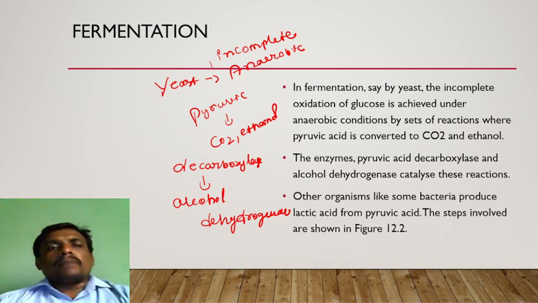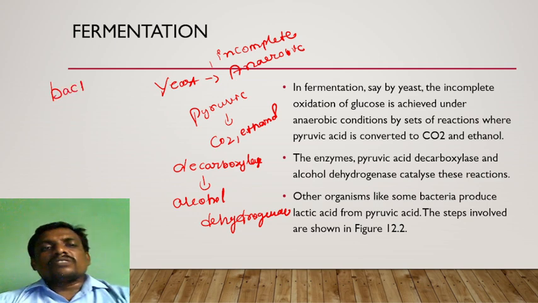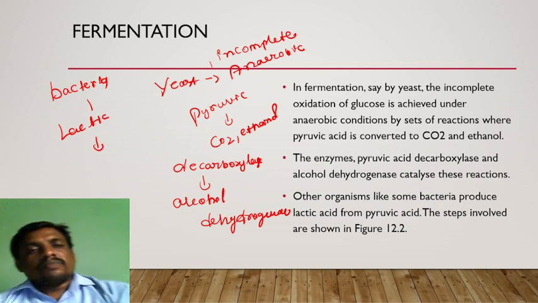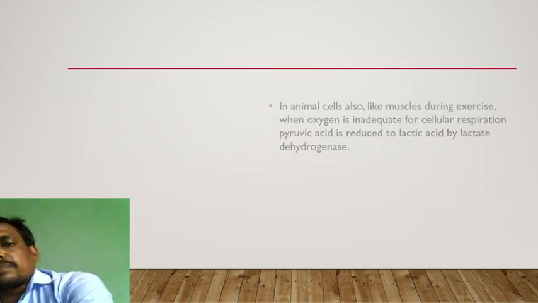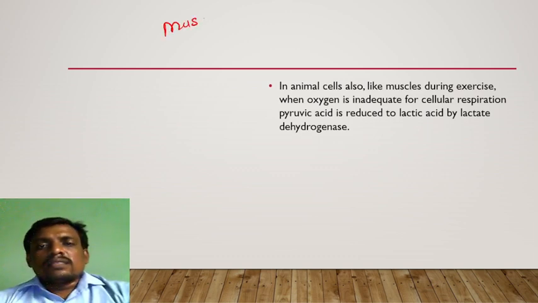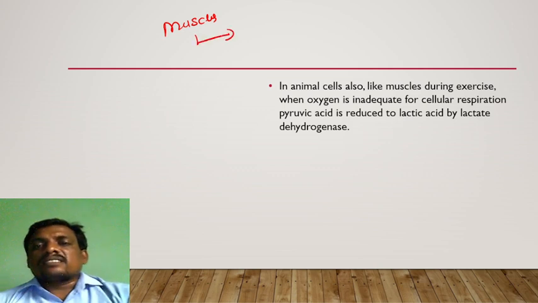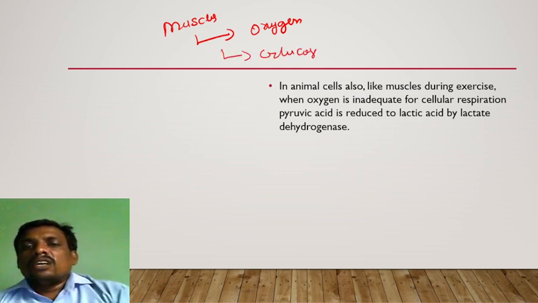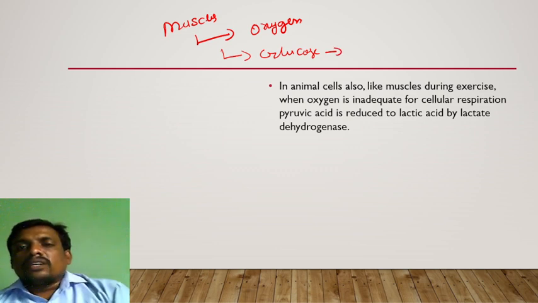Other organisms, like some bacteria, produce lactic acid from pyruvic acid by following steps. In animal cells like muscles, during vigorous exercise, when oxygen is inadequate, the glucose in the muscle cells is converted into pyruvic acid.